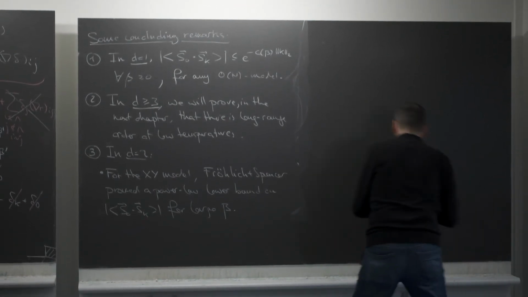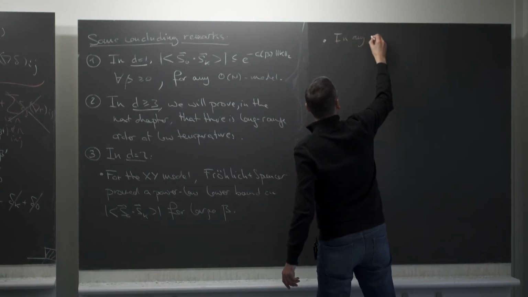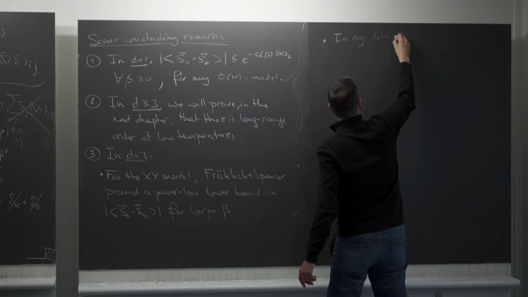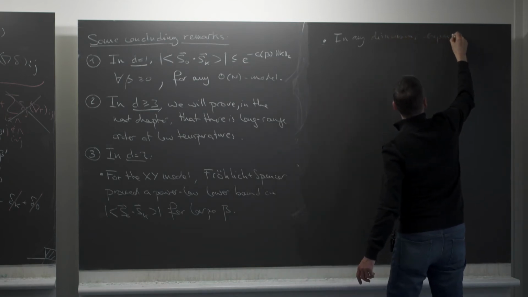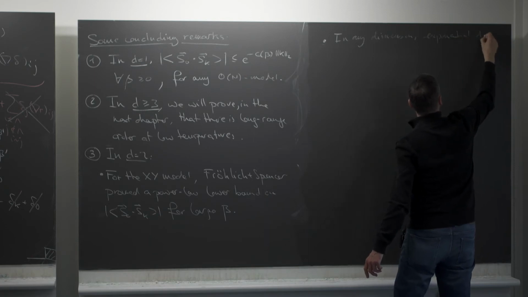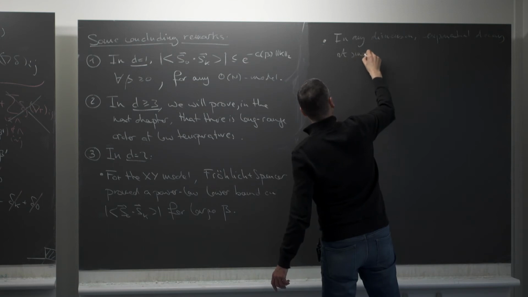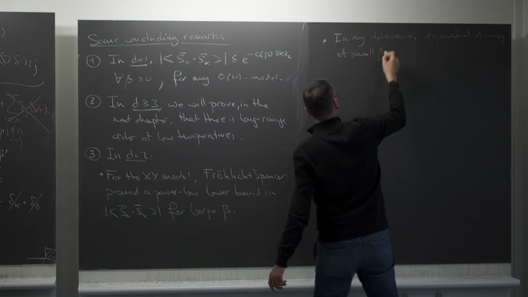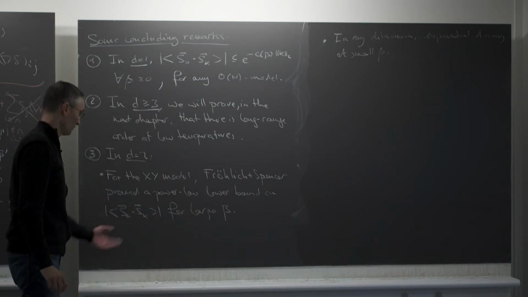Okay, let me write it here. So, in any dimension, exponential decay at small beta. Okay, that's always true. So here we cannot hope for a better result.